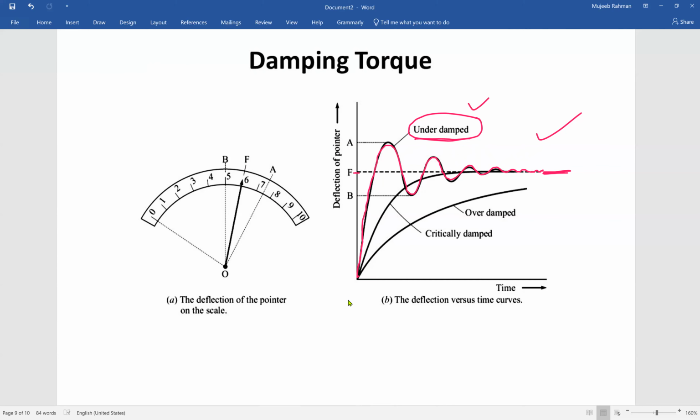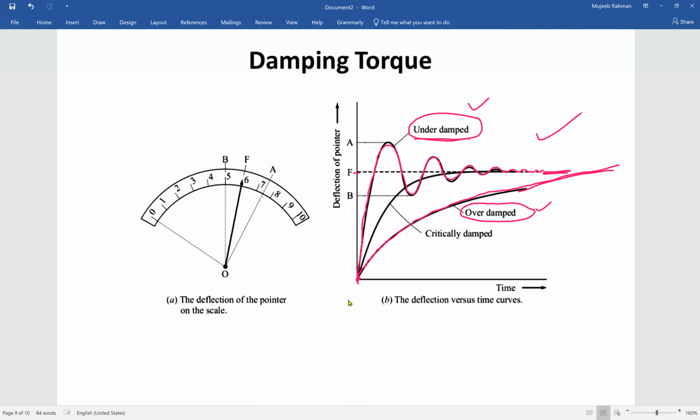There is another system where, as we have said before, the moving system starts from the zero position, but to reach the final steady state position, it will take a long way. This indicates that too much damping is provided here, and that is why it is called the overdamped system.